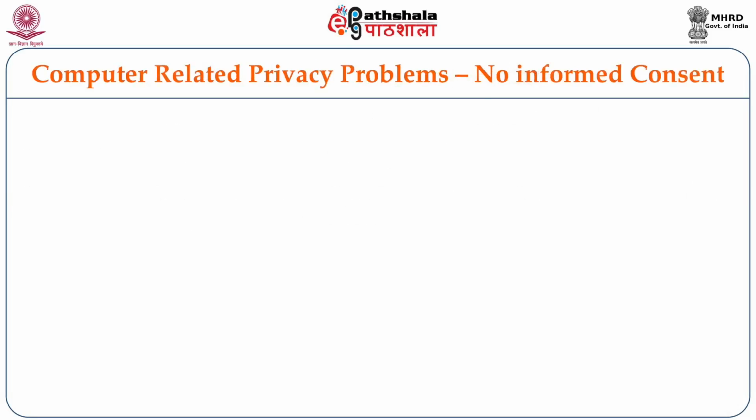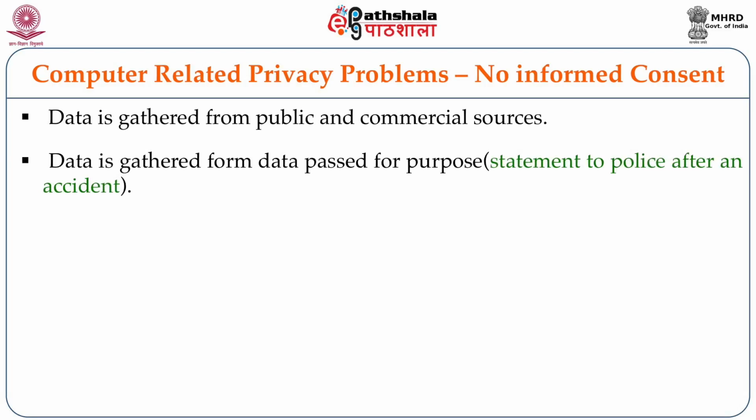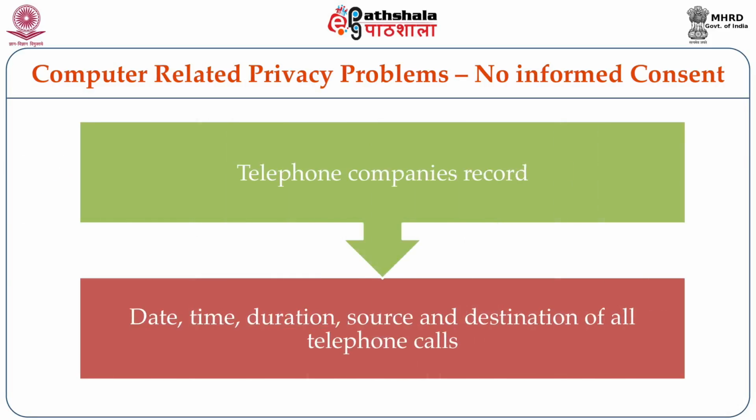The second privacy issue with computers is no informed consent. Usually we get content from public or commercial sources and from some intentional data transfers. But there is certain data that is collected without announcements. The telephone companies record the date, time, duration, source and destination of each telephone call.